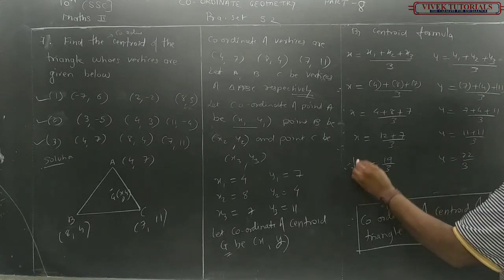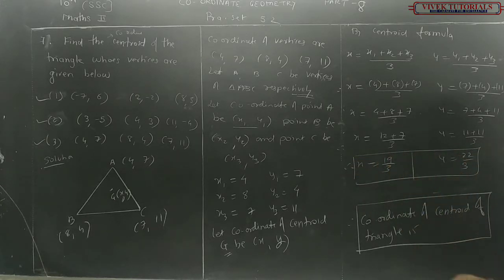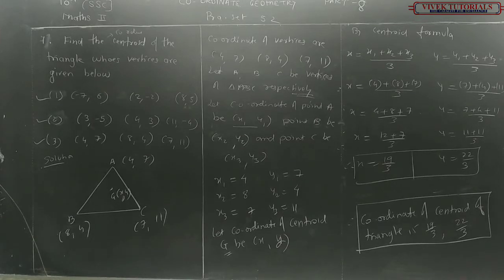But it does not cancel. This is your final answer. The coordinate of the centroid is 19 upon 3 and 22 upon 3. Please students, I think it is again easy. Copy it down properly. You should know this formula properly, and how to represent it is also important. Copy this down. Pausing the video.